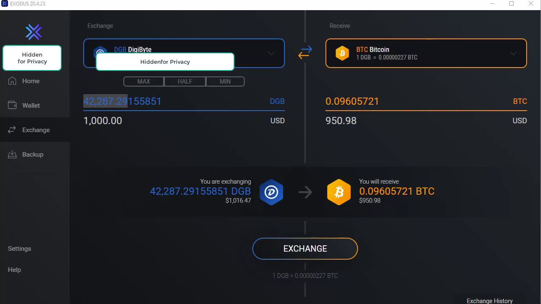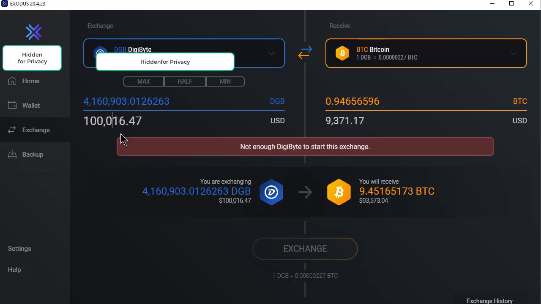You can see the prices on Exodus actually change from minute to minute. So by the time I went and did the recording and came back, it looks like now this is what they would be giving me. They would be giving me a Bitcoin's worth $950 in exchange for my, oops, that number went up too. So let's change this. I don't know why that number changed.